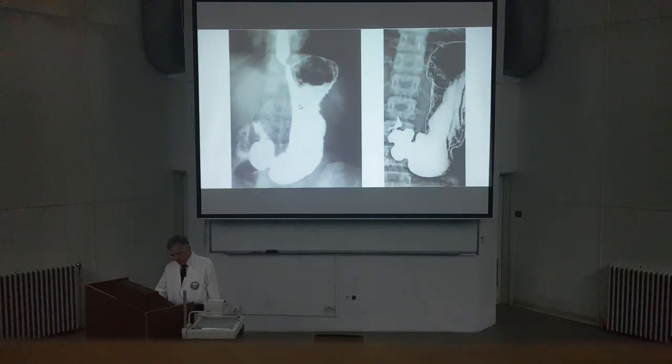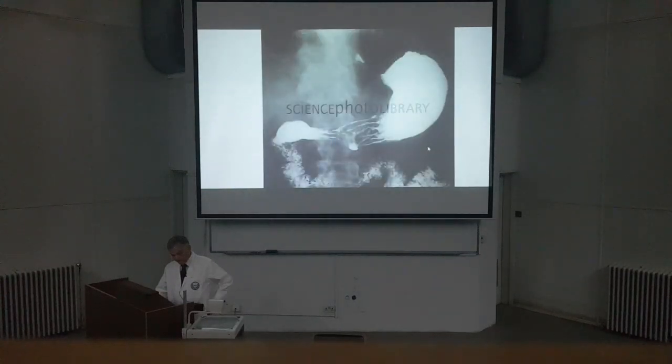We have an X-ray like this in the lab, so you should know the parts of the stomach by barium meal. Here there's something funny. This is the body of the stomach, and these are the rugae, the grooves between the folds.